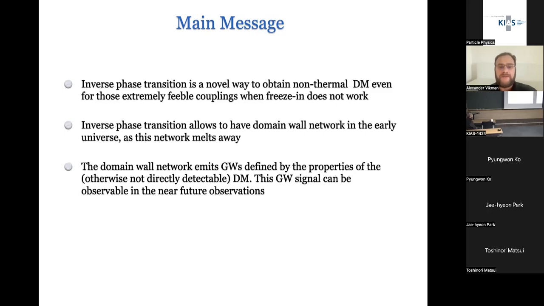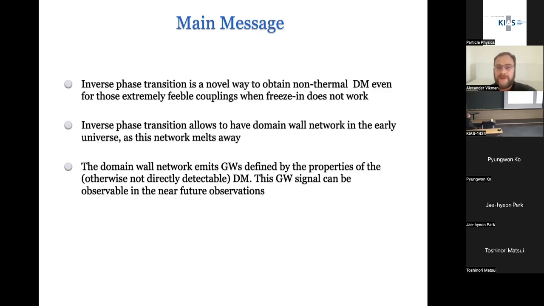Then the interesting thing is, if you have such defects in the early universe, they would emit gravitational waves. And what is interesting is that the properties of these gravitational waves are relatively simple, depending on how precisely you want to look.